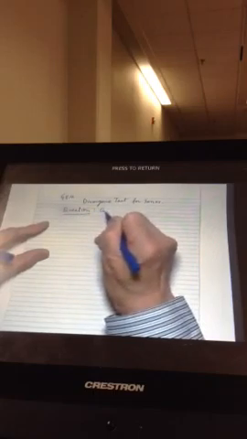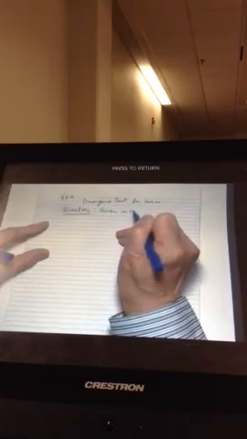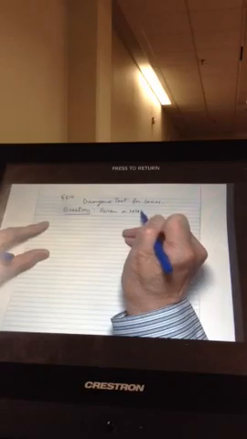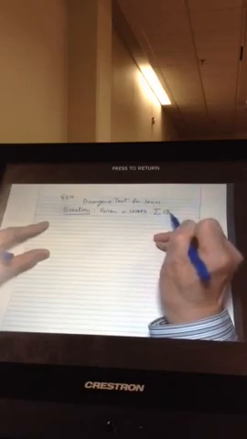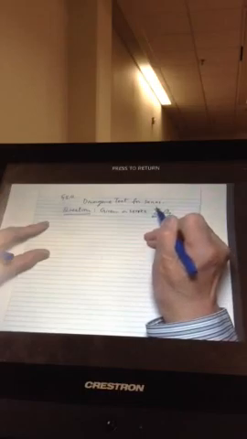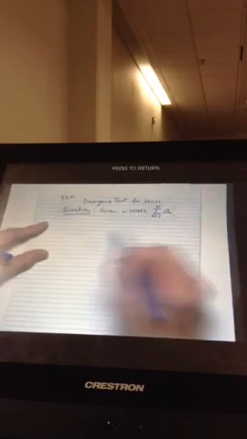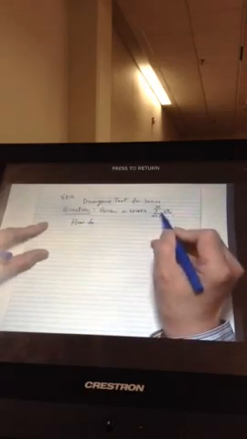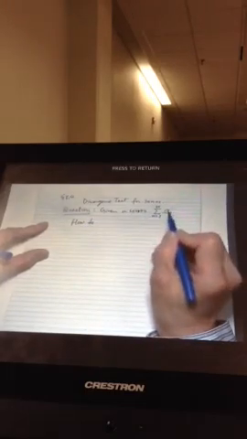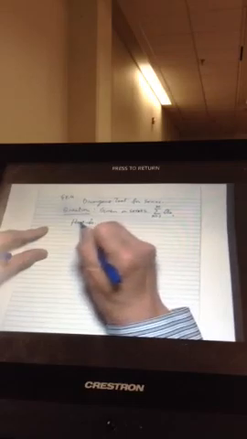Given a series, summation a sub n from 1 to infinity, how do we know? Is there a condition that can guarantee that this is divergent?